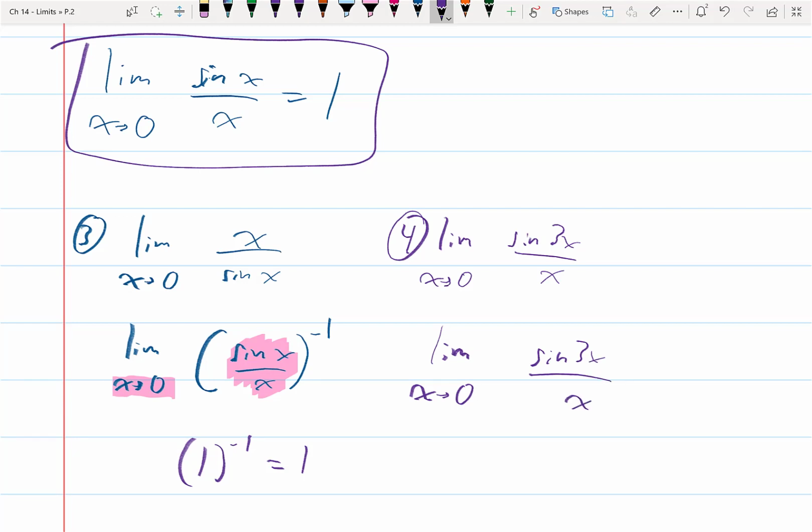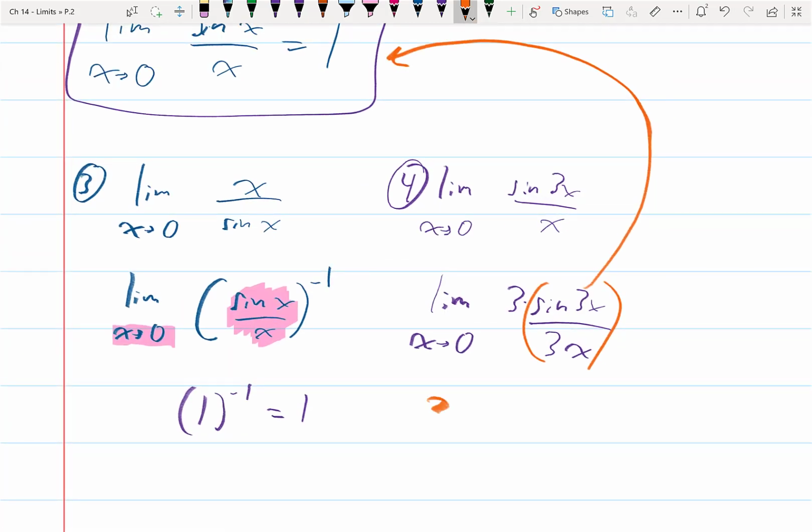I need a 3x, so what can I do? Multiply this by 3, but then to compensate, I would have to multiply the numerator by 3. Now you have the sine of 3x over 3x, and when you plug in 0 for x, that's the same as the sine of 0 over 0, which we just said, based on the property right here, is 1.